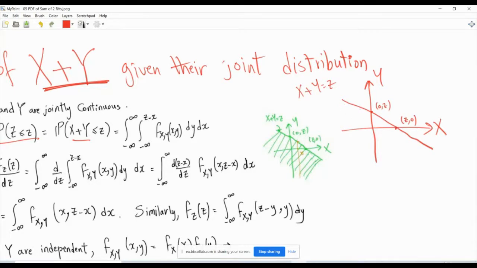So it's a line of slope -1, and it looks like this for a general z. We are interested in x plus y less than or equal to z. Here I am assuming, without loss of generality, that z is positive. And the region in which x plus y is less than or equal to z will be this region.